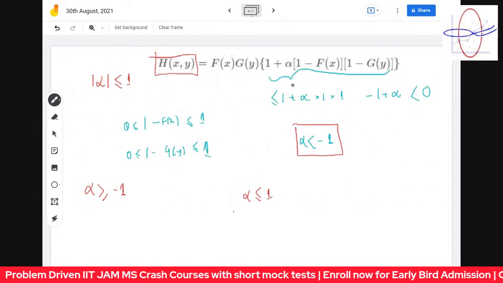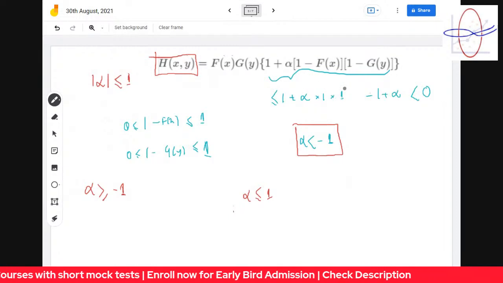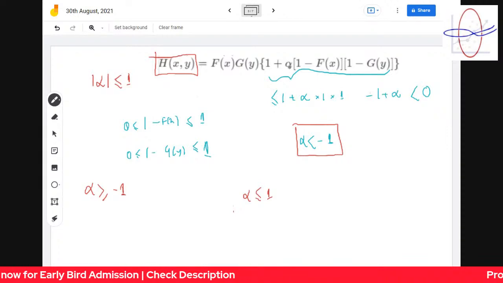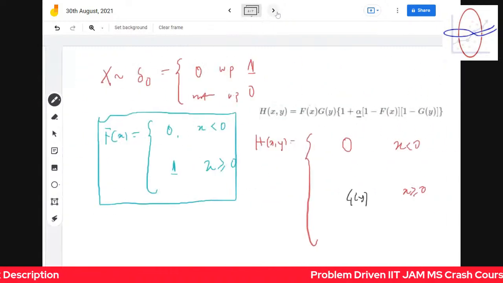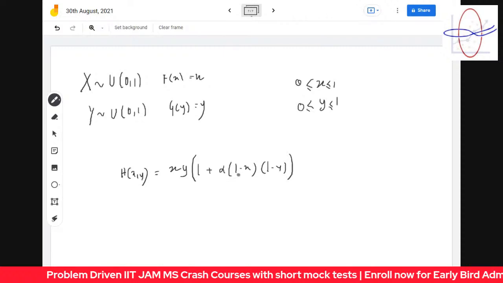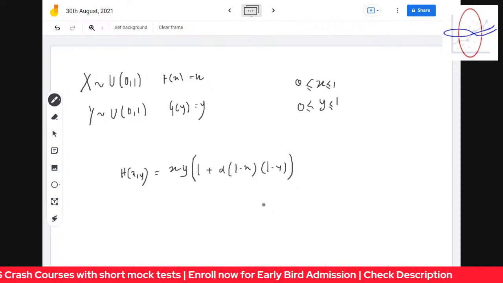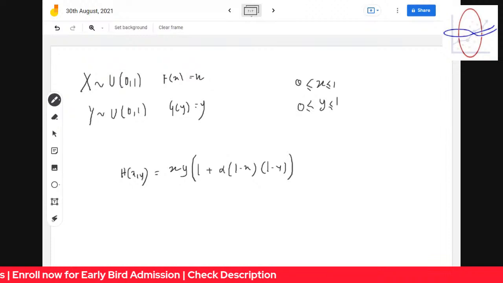If you observe over here, let me think. My guess is that if alpha is less than or equal to 1, this will turn out to be, or if greater than 1, this will turn out to be more than 1 in some sense.